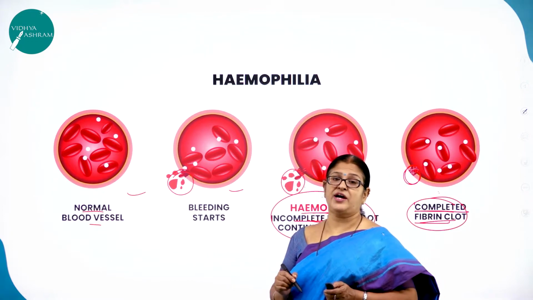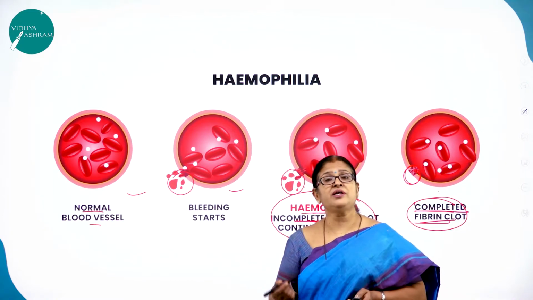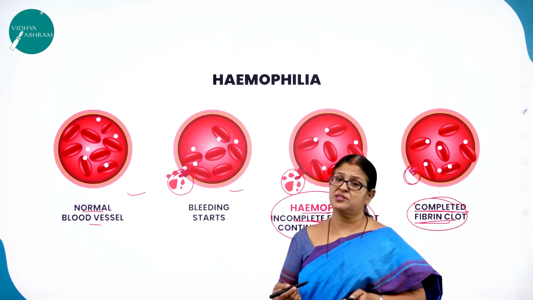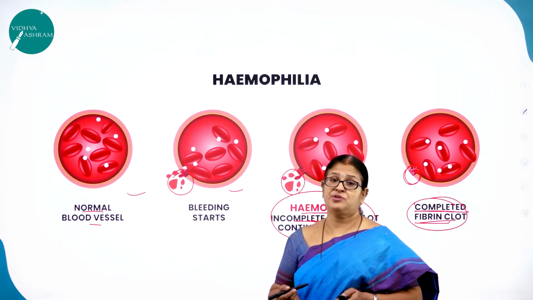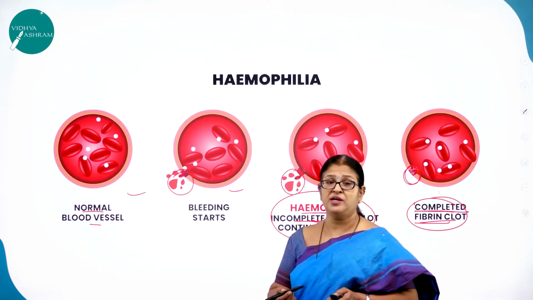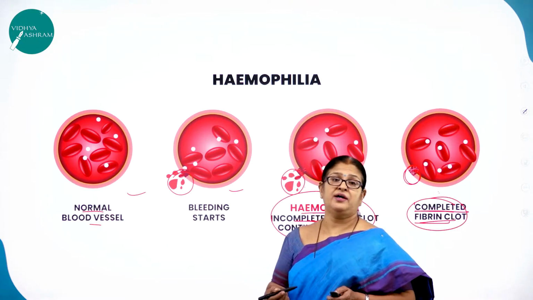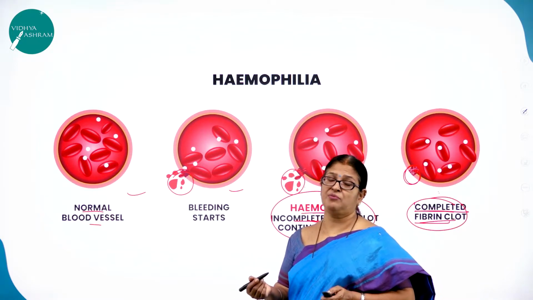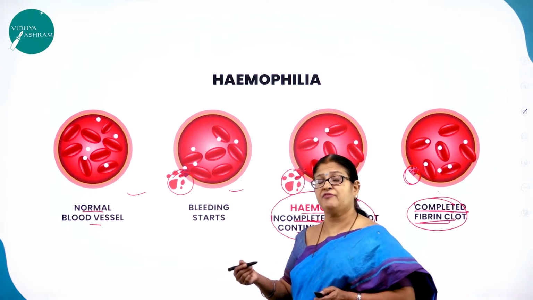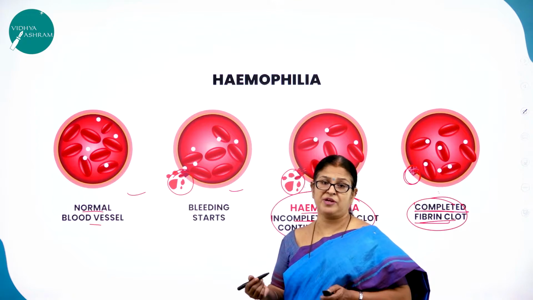That is the reason why, imagine if a hemophilic person has to undergo surgery. Usually in the process of surgery there is loss of blood, so definitely it is very, very difficult. Before they undergo surgery, they will be given the clotting factor so that it is induced into their body, so that surgery can take place and the person will be quite safe.